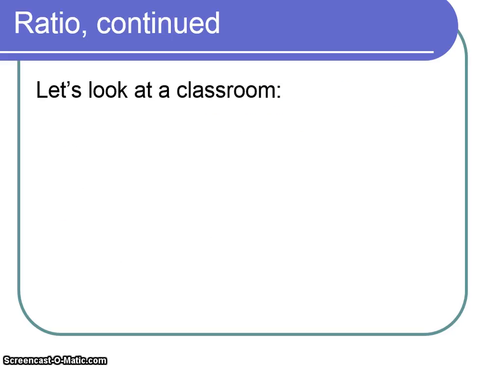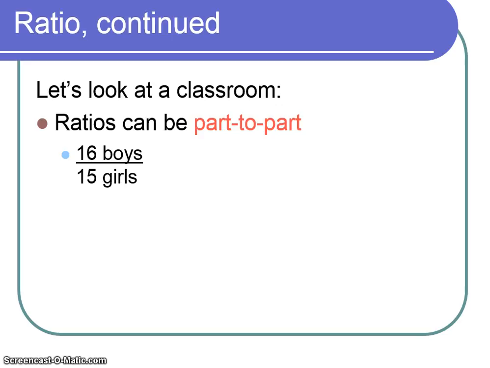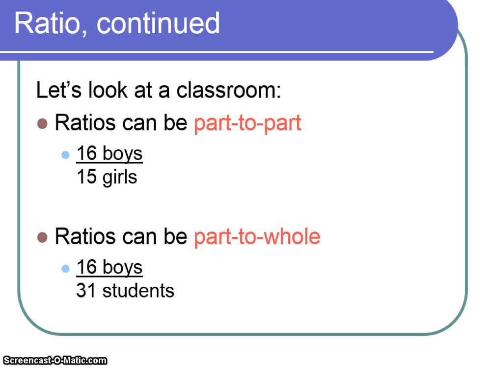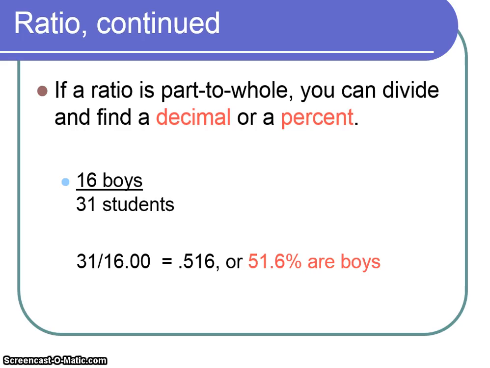Now, let's look at a classroom. In a ratio, you could do boys to girls, or you could do boys to the whole group of students. So there's boys to girls, girls to boys, and then you always find a total. Okay, it's part to part or part to whole.